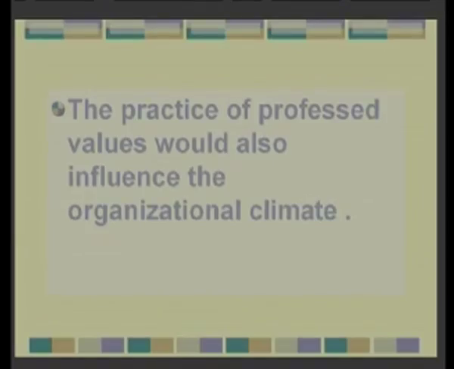And the practice of professed values would also influence the organizational climate. So, now we are coming from the personal values and the organization's values, and so the practice of professed values influences the climate of the organization. In many organizations, I have heard people saying that no, even if the pay is the same, I do not want to work there because the behavior there is like this, or something of that kind.